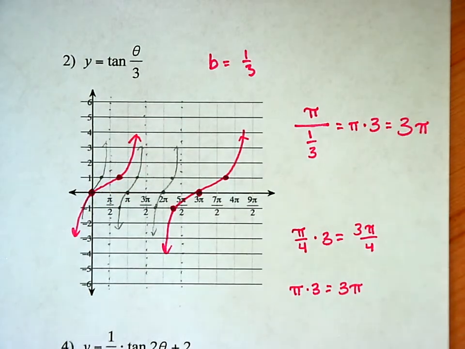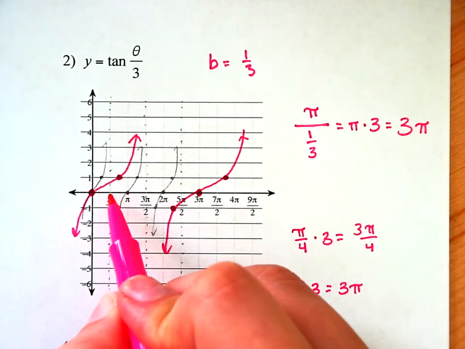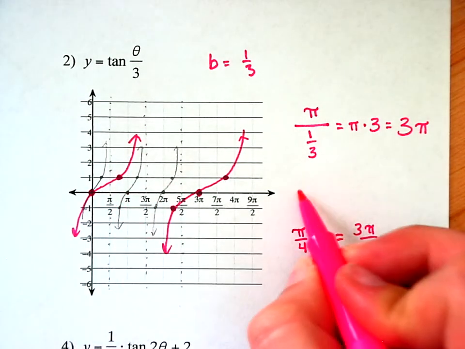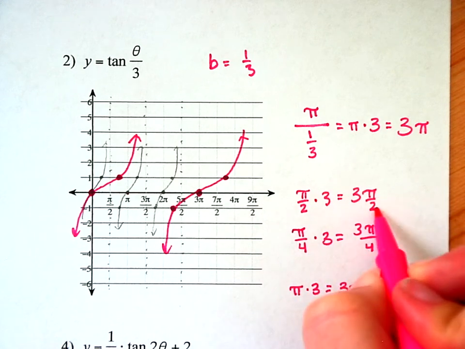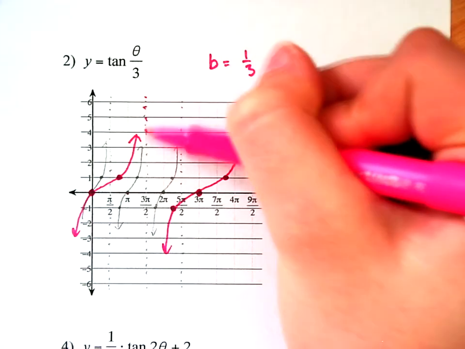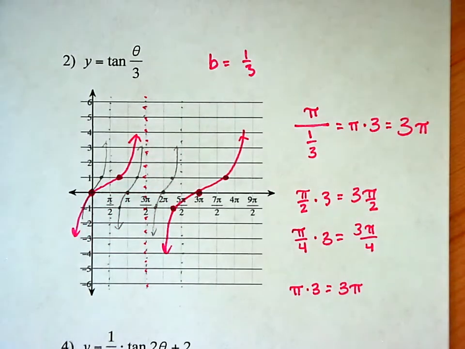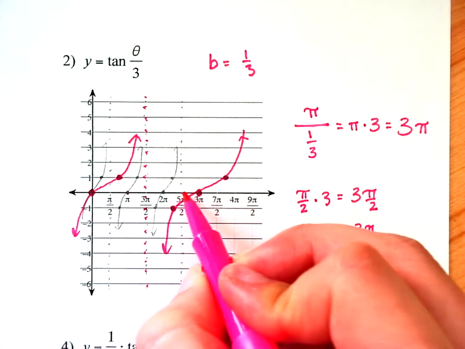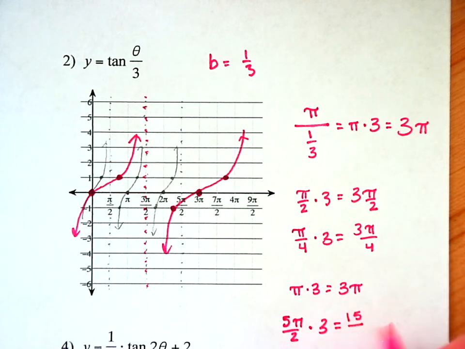Okay. So our asymptote used to be at pi over 2, and if I multiply that by 3, so pi over 2 times 3, well, that's 3 pi over 2. So this asymptote right here is now the asymptote for that first curve. Then our next asymptote used to be at 5 pi over 2. If we multiply that by 3, that is 15 pi over 2.